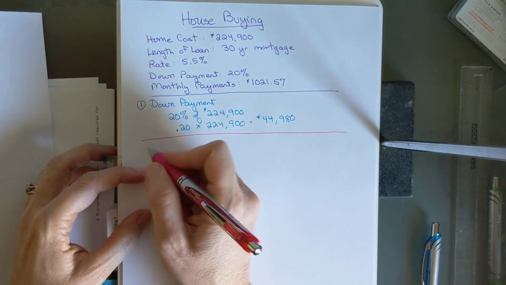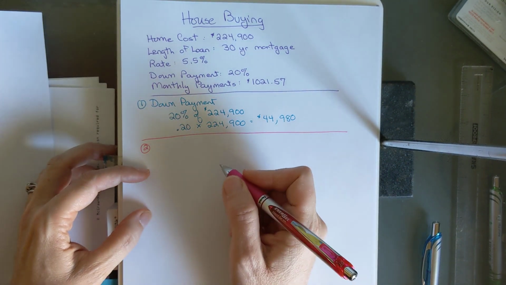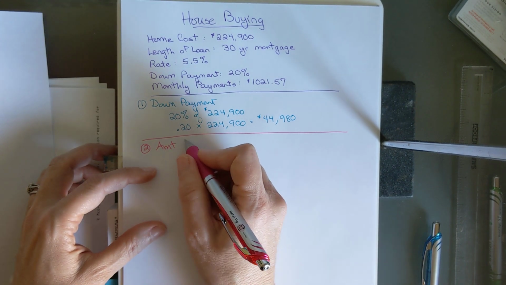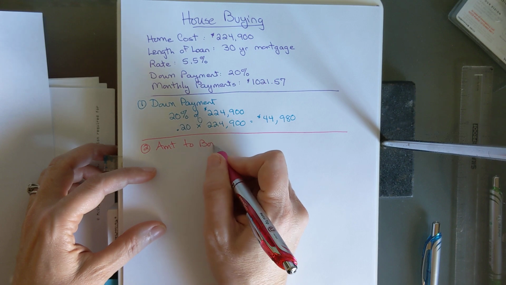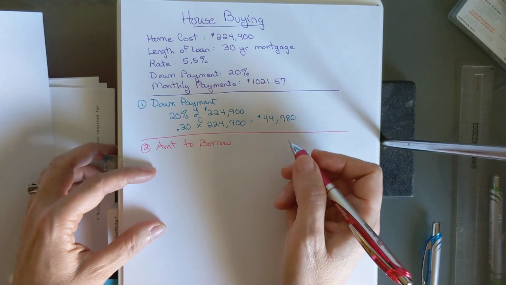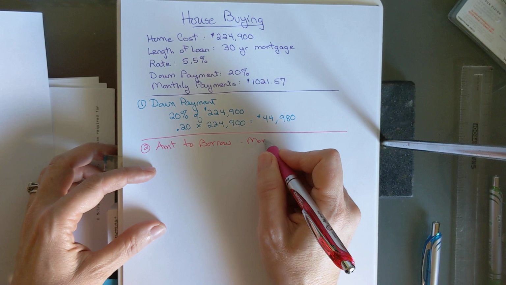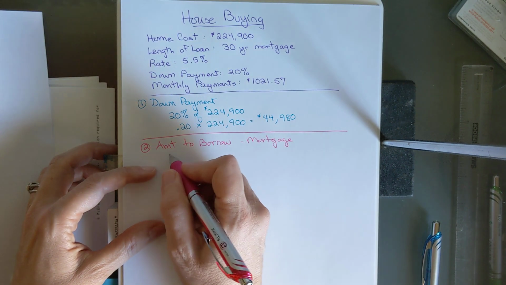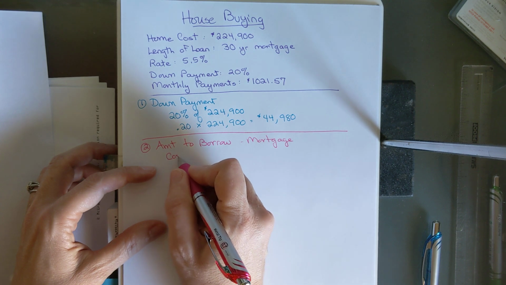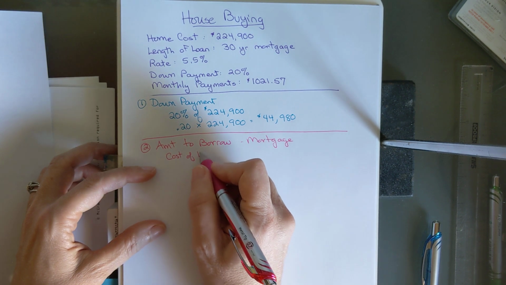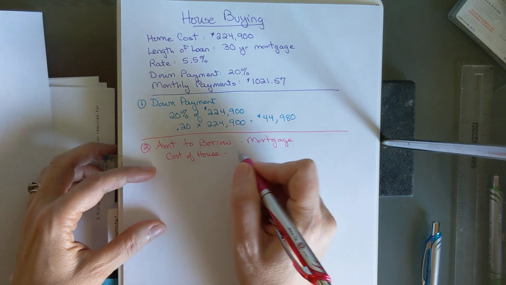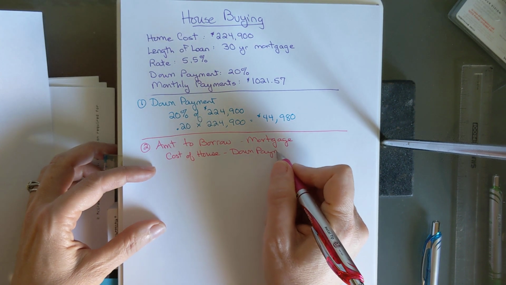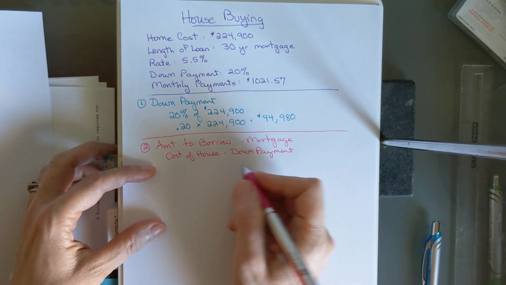get through the door. The second item I need to figure out is how much money I actually need to borrow, and that is what's called my mortgage, how much I am going to have to borrow. So it's going to be the cost of the house minus the down payment, because I have to pay that up front.